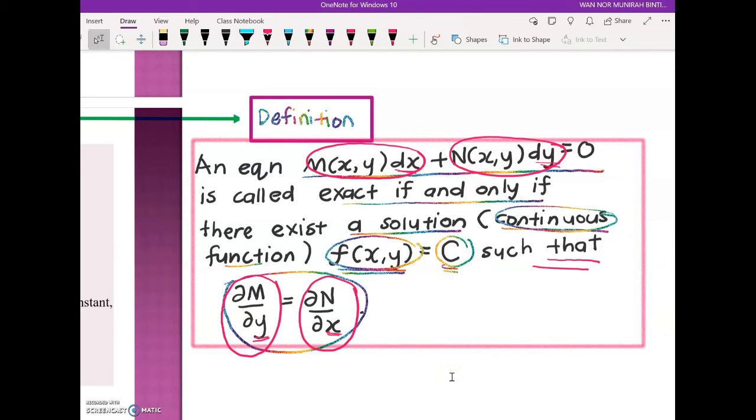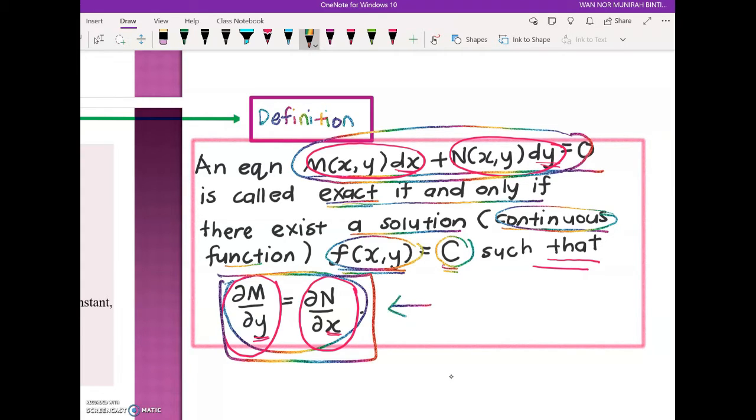The most important point that I want to show you here is, first, this must be your equation, M dx plus N dy equals 0. And then in order to say that you have an exact equation, you must show this one. We call this the exactness test. So you must test for exactness.